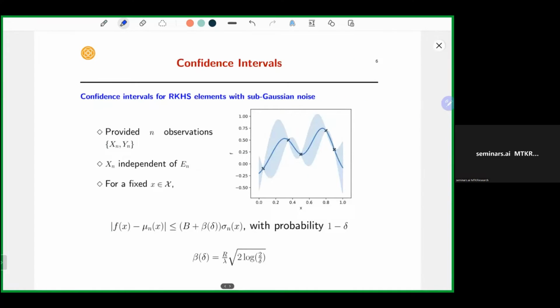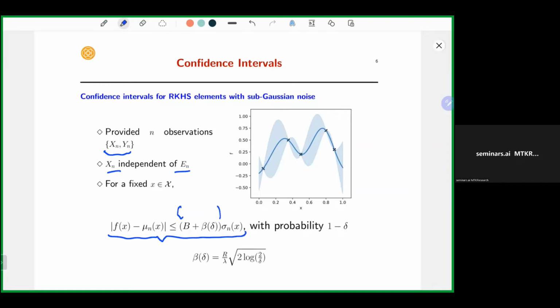So this is one important building block in the analysis: the confidence intervals for the RKHS elements with sub-Gaussian noise. Provided n observations, where the observation points are independent from the observation noise, we have this confidence interval for the RKHS element. Basically, the difference between f and the prediction provided by the surrogate GP model is upper bounded by a factor of the standard deviation.